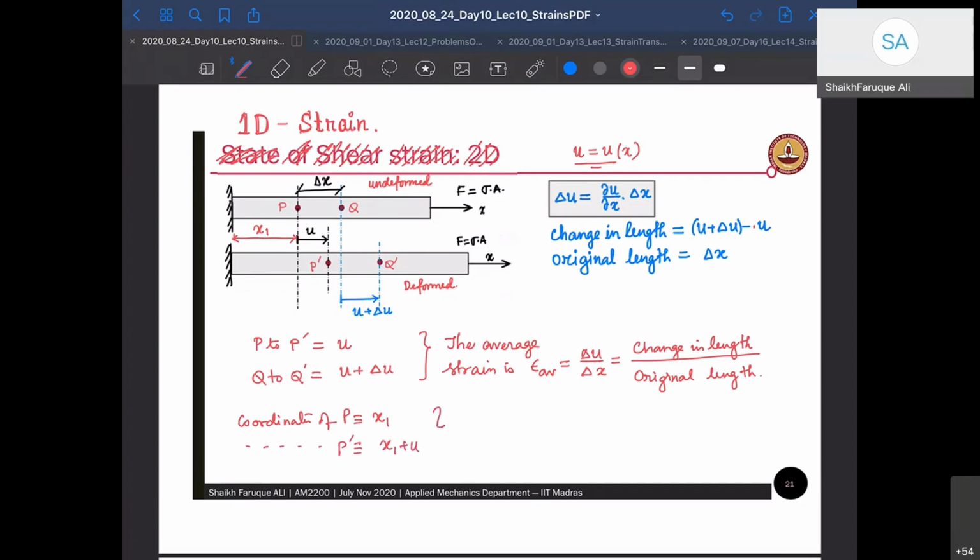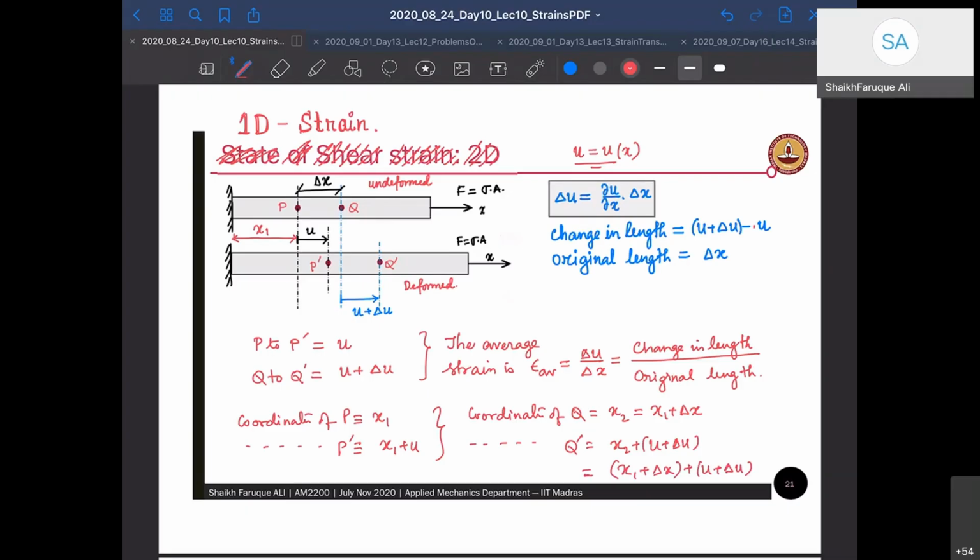Similarly, coordinates of Q are x2, which will be equal to x1 plus delta x, and coordinates of Q dash will be equal to x2 plus u plus del u, which will be written as x1 plus del x plus u plus del u, right?